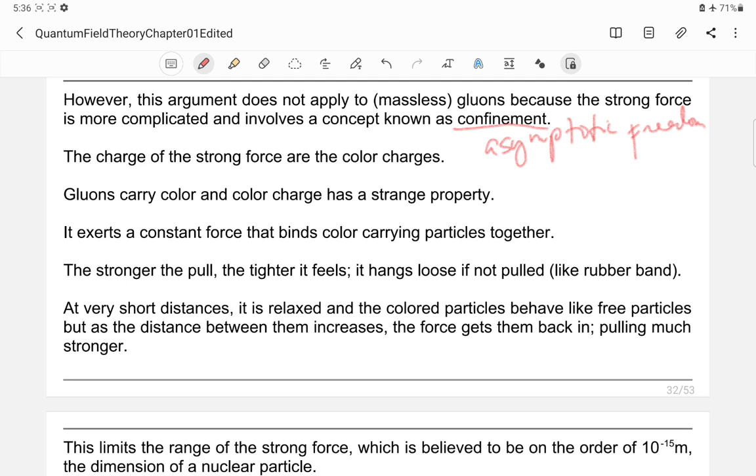It's like a rubber band: when you pull the ends away from each other, you experience more and more force to do it. But when you relax it and don't exert a force, then they behave like free particles.